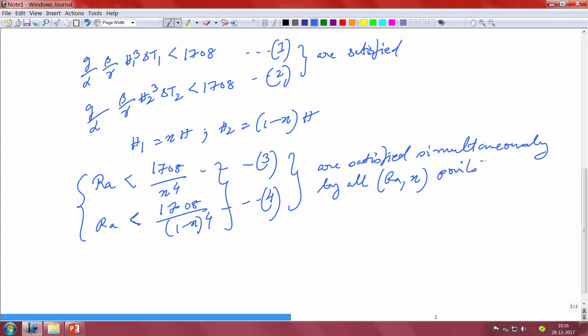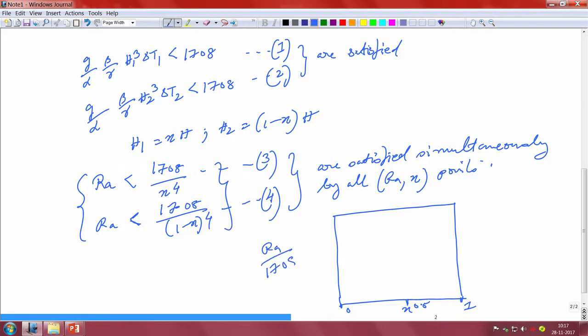So, if we draw now the curve, you will see what I mean. This is your x, which starts from 0, this one is about 0.5, this one is 1. And here we are plotting Ra over 1708. So, this is 1, this is 10, this is 100.